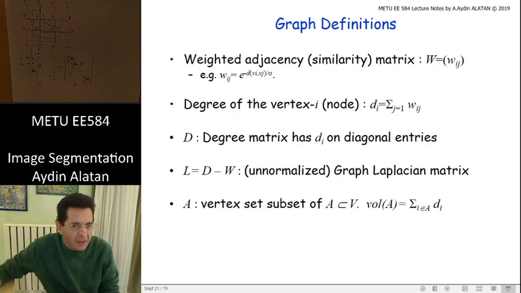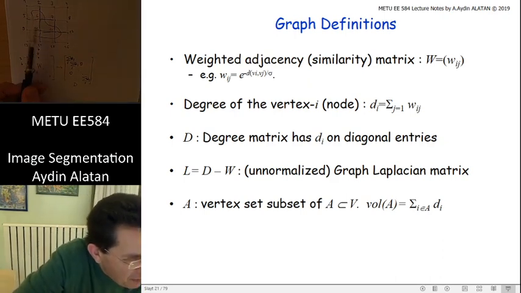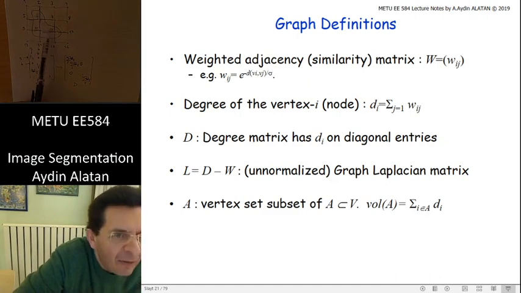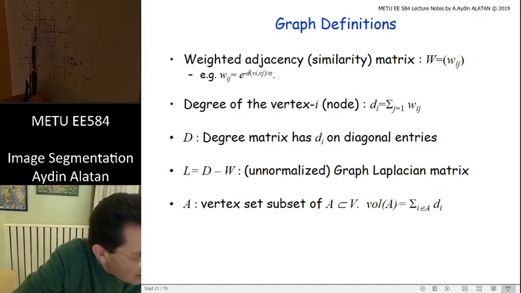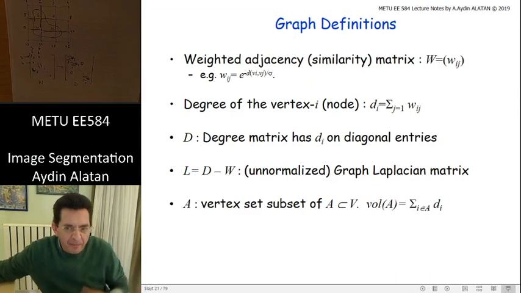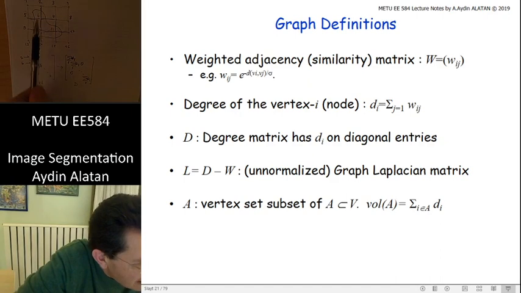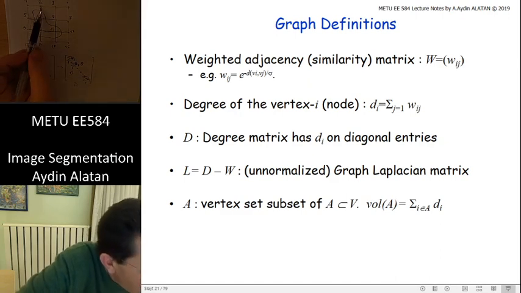We have a vertex set. This is a subset of all the vertices. Let's assume in the segmentation pixels 6, 10, and 11, these 3 pixels, belong to object A. The others, 1, 2, 3, 4, 5, 7, 8, belong to B. Therefore, 6, 10, and 11 are vertex subset A. And the volume of these things, 6, 10, and 11, is nothing but the 6th one here, the 10th one, and the 11th one, the blue things right here.